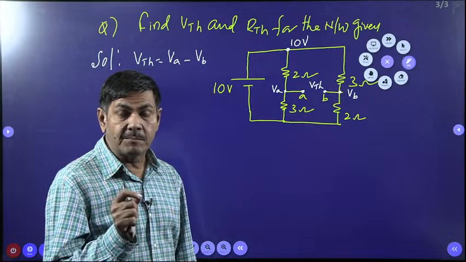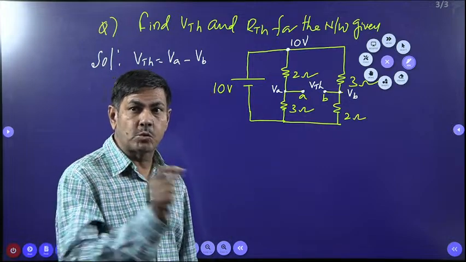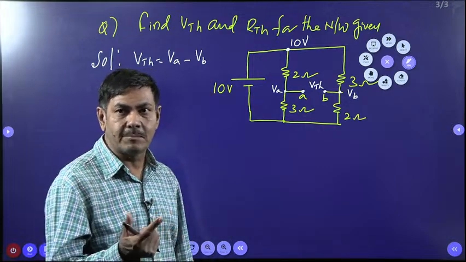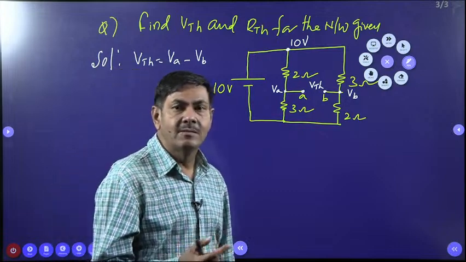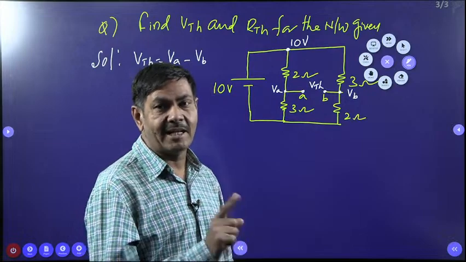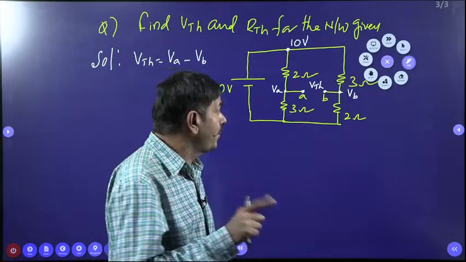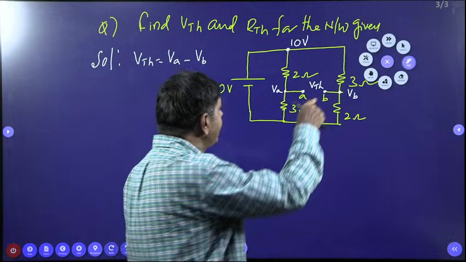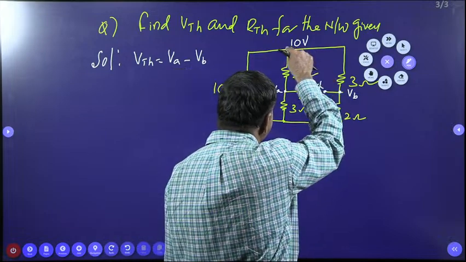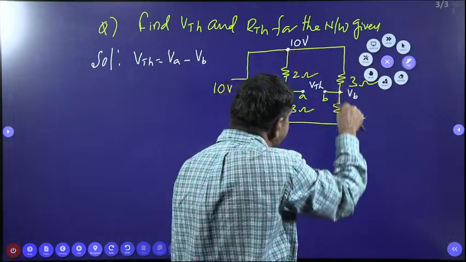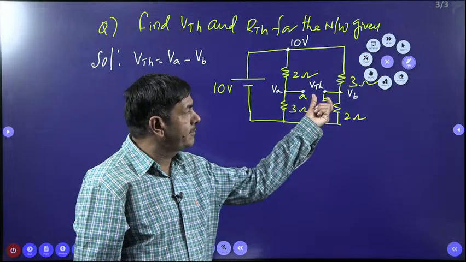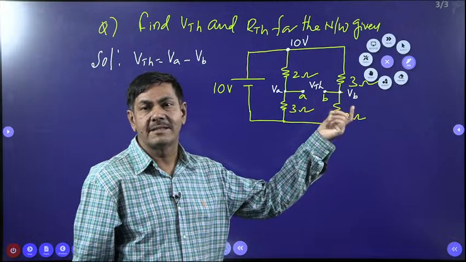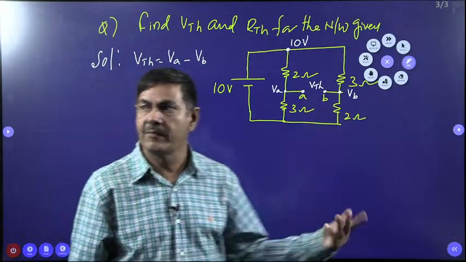When the current is the same across the 2 resistors, easily you can determine voltage by using the voltage divider formula. Current must be the same to apply the voltage divider formula. Even on this side, when the supply voltage is 10 volts, the same current is passing across 3 ohms and 2 ohms. VB can be calculated by using the voltage divider formula. That way we can find it.